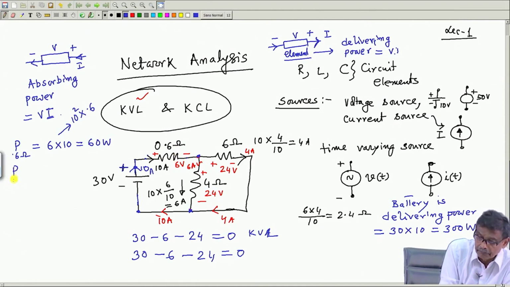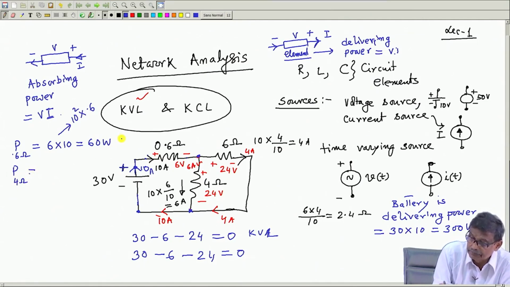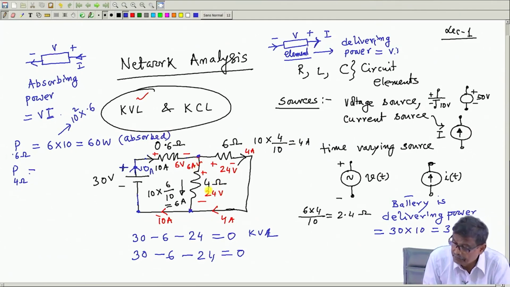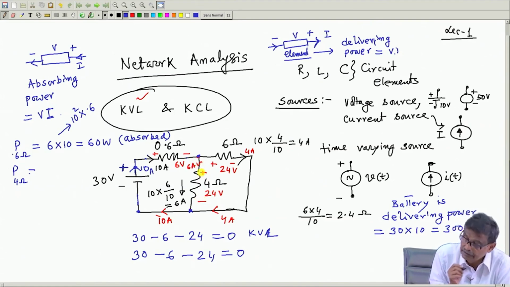Power absorbed by the 4 ohm resistance. Mind you, absorbed. The 4 ohm resistance also absorbs power. Why? Because the voltage across it is 24 volt, this is plus, this is minus, and 6 ampere is entering through the plus terminal.